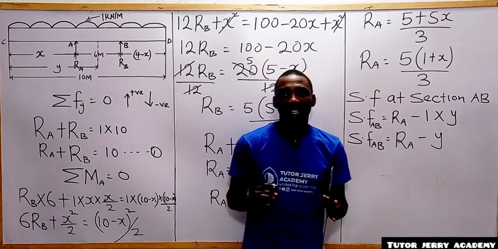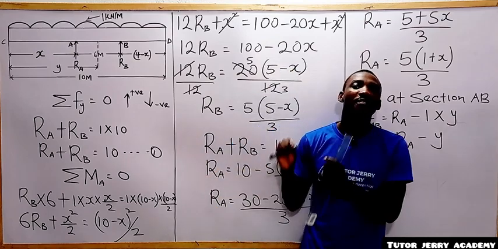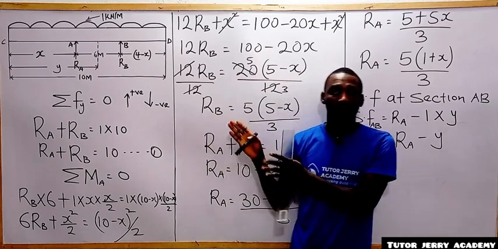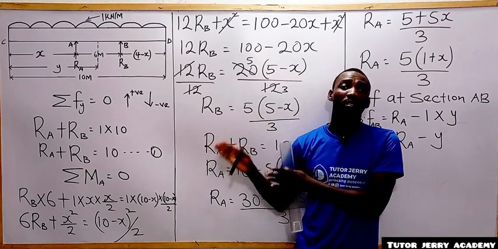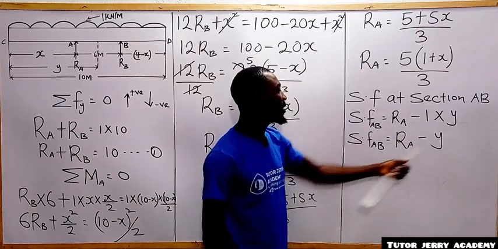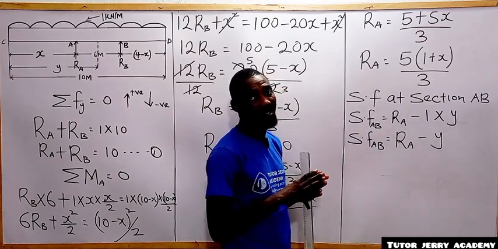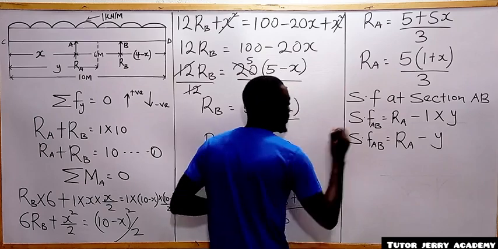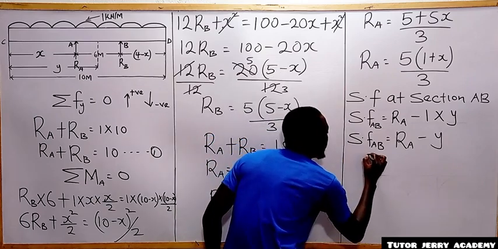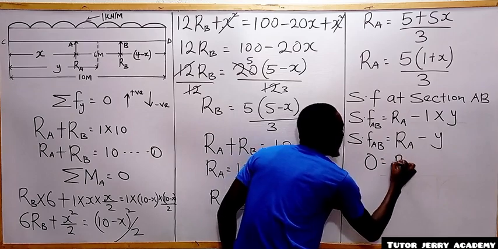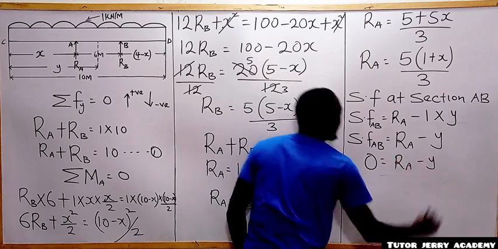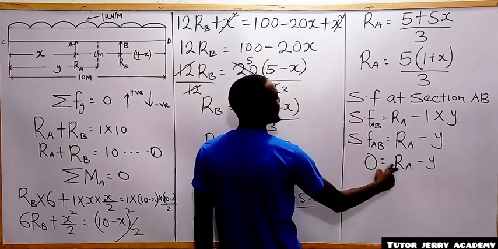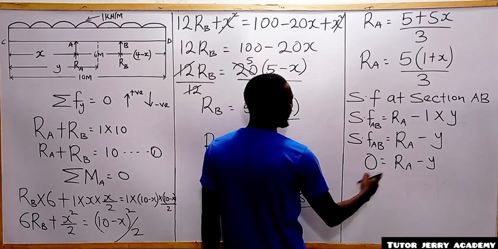All right. We agree that we have our maximum positive bending moments at the point within the span where our shear force is equals to 0. All right. So if we equate this equation to be equals to 0, we can get what our Y is. So 0 equals to arrow A minus Y. So if I move this arrow A to this side, I'm going to have 0 minus arrow A, which is minus arrow A. Minus will go with minus.